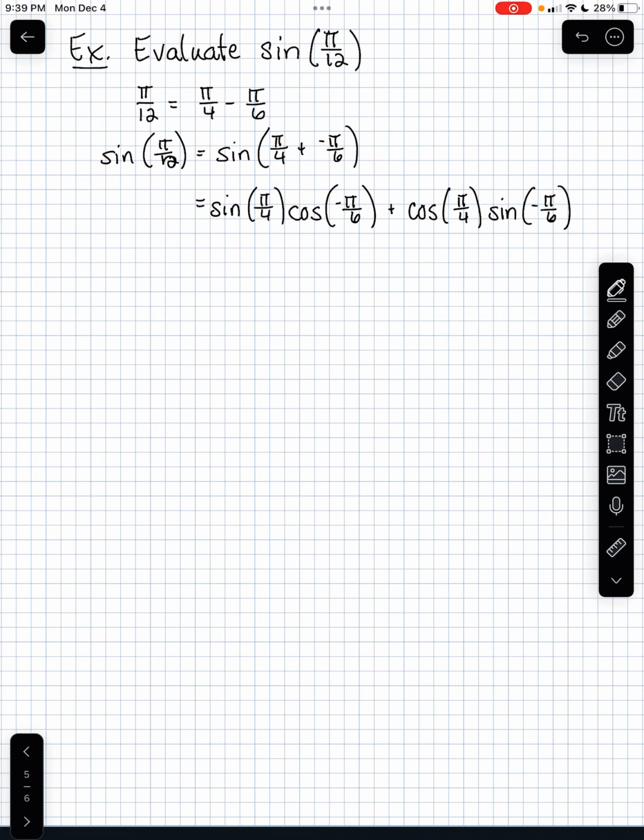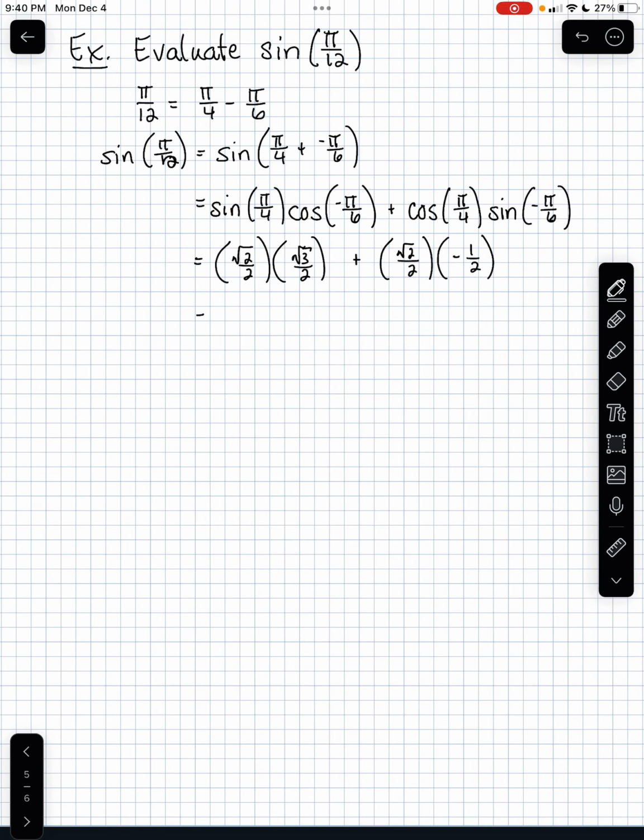And each of these is a sine or a cosine of a common angle from the unit circle. So the sine of pi over 4 is square root of 2 over 2. The cosine of negative pi over 6 is the square root of 3 over 2. Fortunately, the common angles all have x and y coordinates, sine and cosine values that have a denominator of 2. And that's going to make working with these a lot easier. We have the cosine of pi over 4, which is square root of 2 over 2. And we have the sine of negative pi over 6, which is negative 1/2.